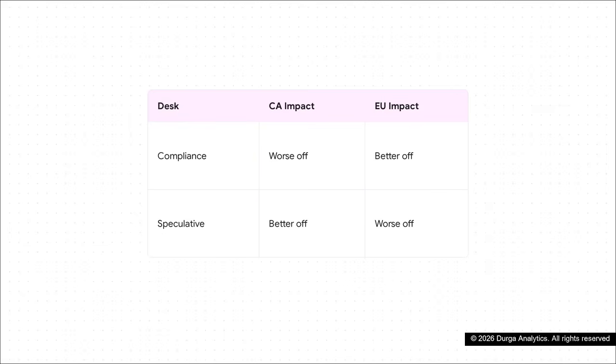But flip over to the EU registry suspension and the roles completely reverse. The speculative desk was trapped in a spot position they literally couldn't touch for 3 months. Meanwhile, the compliance manager just ignored the spot market freeze entirely and walked their existing inventory right through that open surrender gate. Same exact shock, completely different survival outcomes.